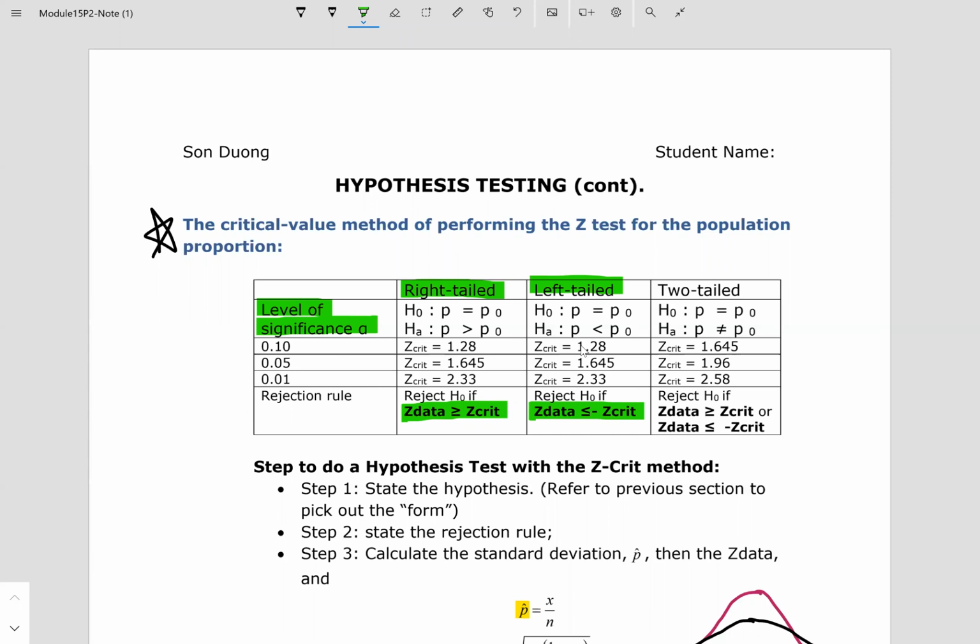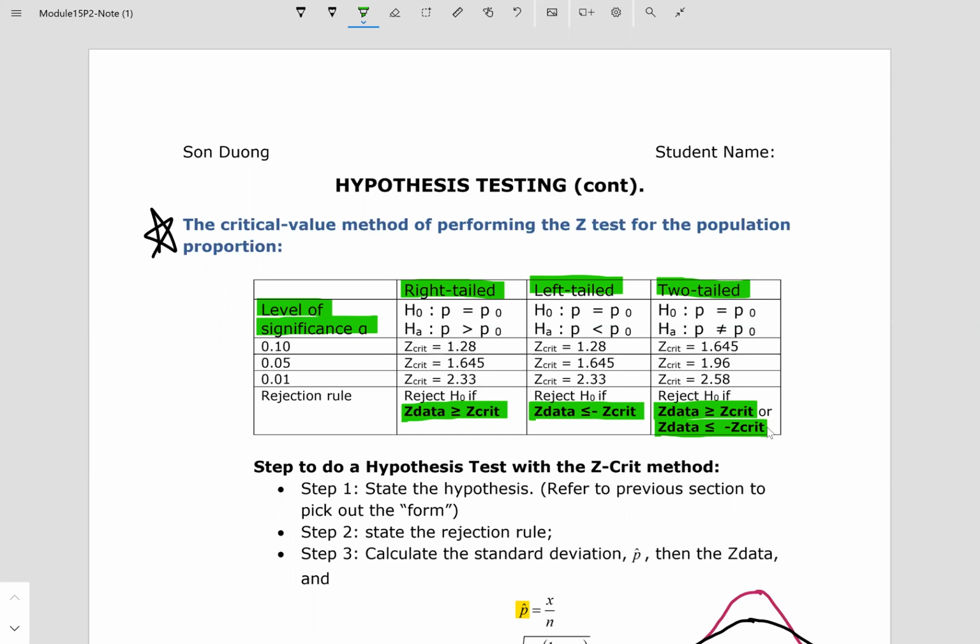Okay, and the critical values are just the numbers in this table. And if it's two-tailed, it's just not equal to, it's just different from our null hypothesis. So if we're using a critical value, it's going to be both greater than or equal to, and less than or equal to if we're going to the negative, if we're going to reject the alternate hypothesis.